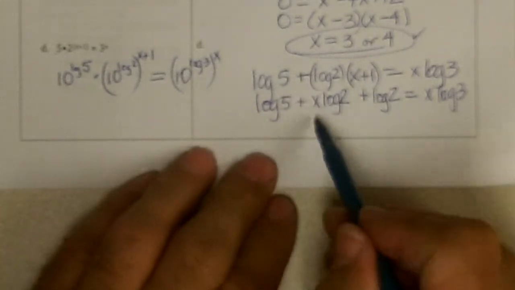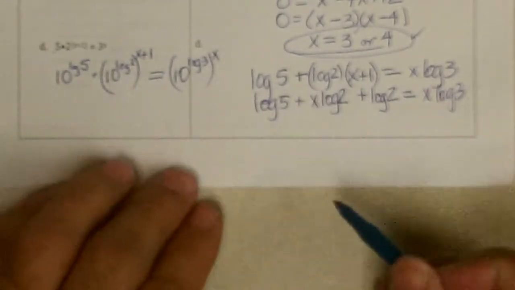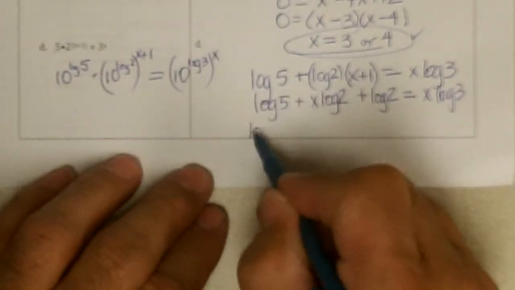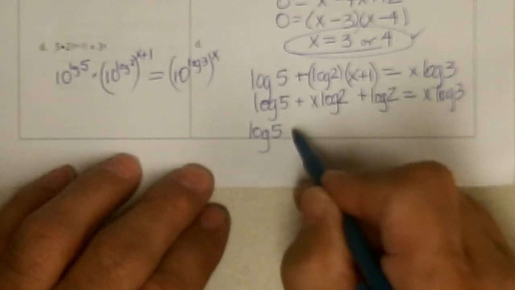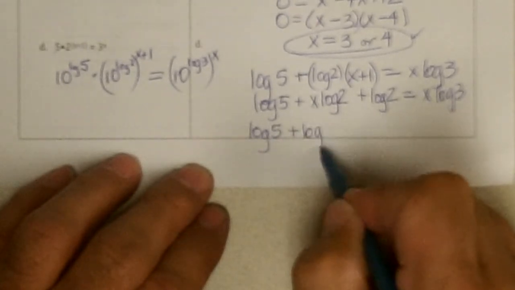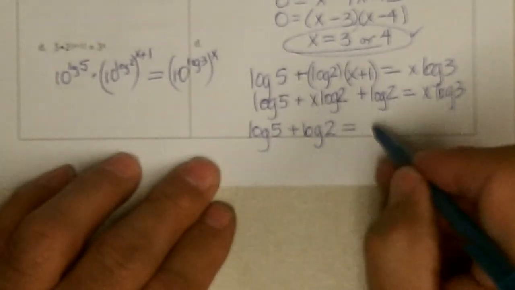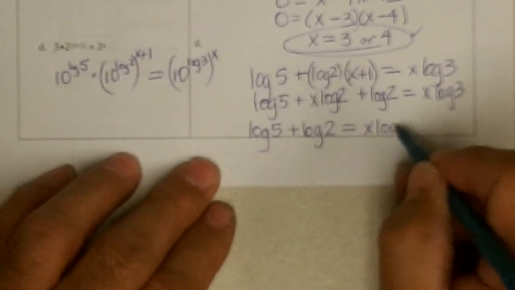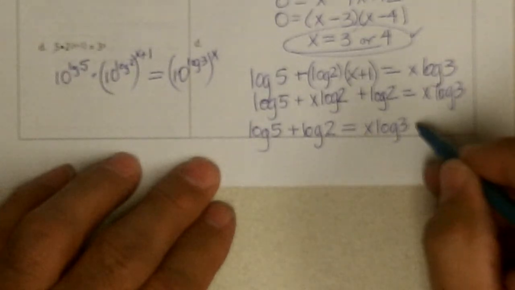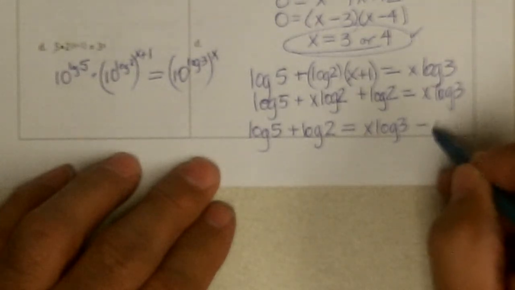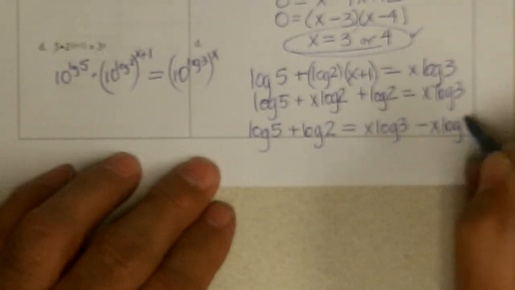So I'm going to subtract x log 2 from both sides. So I'll have log 5 plus log 2 equals x log 3 minus x log 2.